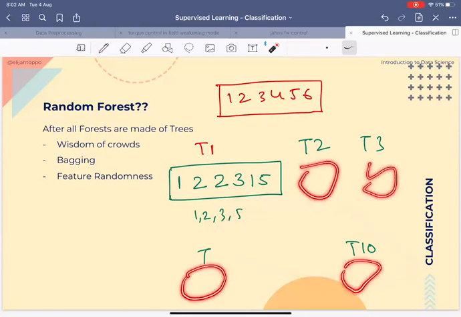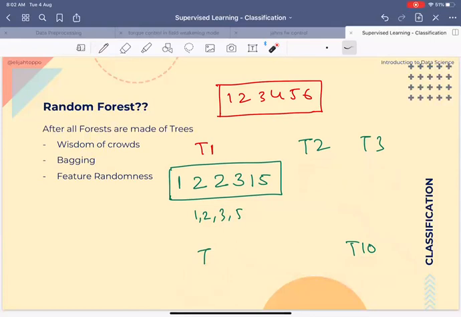Depending upon what sample they have chosen, we will have a different tree structure that will ensure that there is variation between the data. Does that make sense? So that is how we can create a variation using bagging.